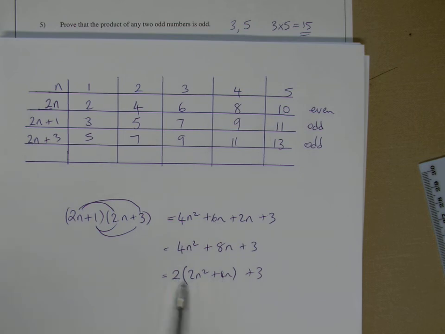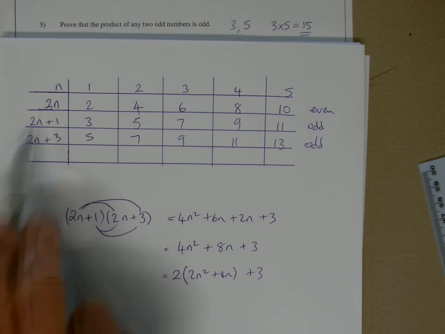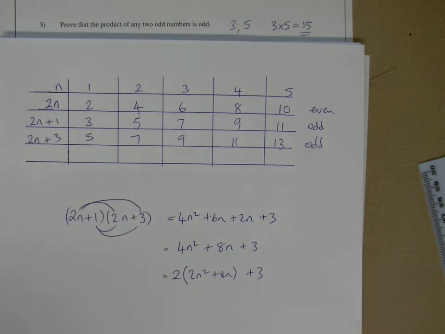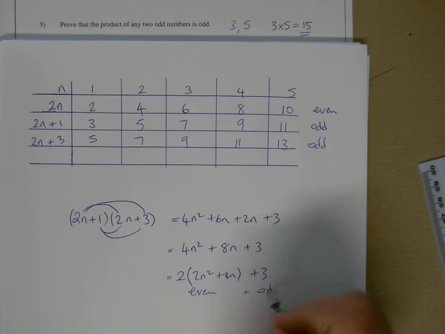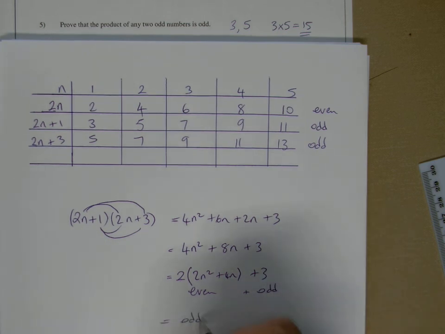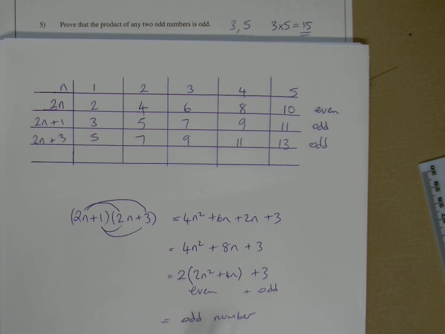When you add 3 onto it, it makes it odd. Remember, when you add an odd number onto an even number, even plus odd gives me an odd number. So this is even, because it's a multiple of 2, plus an odd, which equals an odd number. So the product of any two odd numbers is odd.